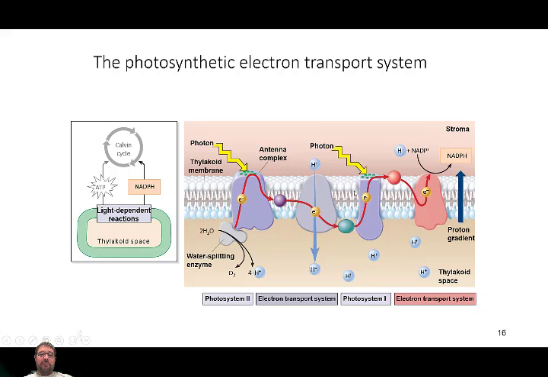So in this membrane, often all over in this membrane, you're going to have ATP synthase. You're going to have a specific protein that allows for these protons, these hydrogen ions, to move back across the membrane. In doing so, it generates ATP. Okay, so we're going to look at that next.